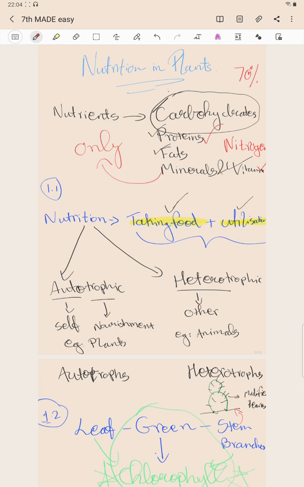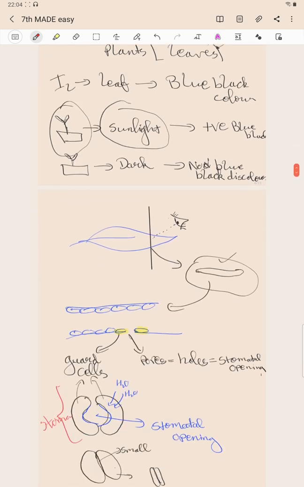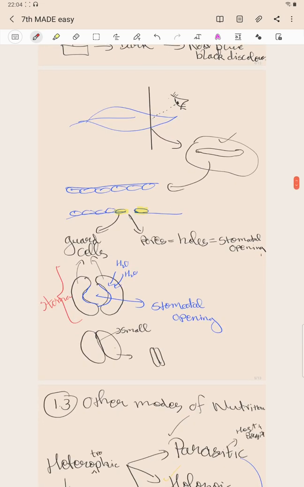Okay, there are two types of nutrition: autotrophic and heterotrophic. Then we saw what a parasite is. We saw photosynthesis, the equation: carbon dioxide plus water gives carbohydrates and oxygen in the presence of sunlight and chlorophyll. Saprotrophs and the saprotrophic mode of nutrition, yes, we saw that. And stomata, we have also seen. Oxygen and carbon dioxide enter through it.